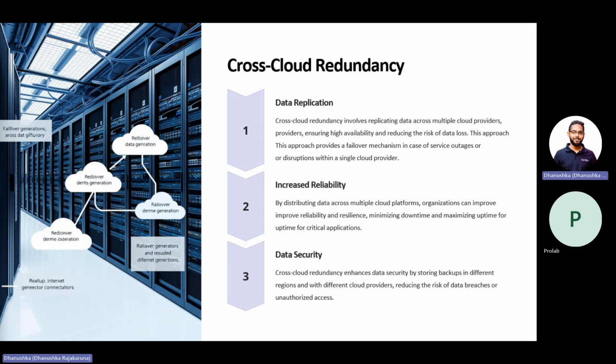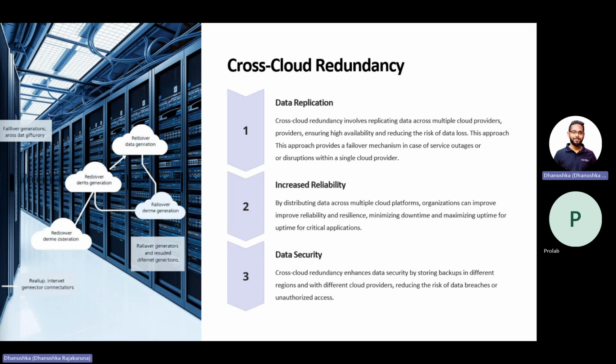Tools and technologies: data replication tools like NetApp and Dell EMC, cloud-native tools like AWS S3 cross-region replication, and orchestration platforms like Cognet and HashiCorp. Monitoring and observability tools like Prometheus, Grafana, and Datadog for unified insight into cloud platforms.